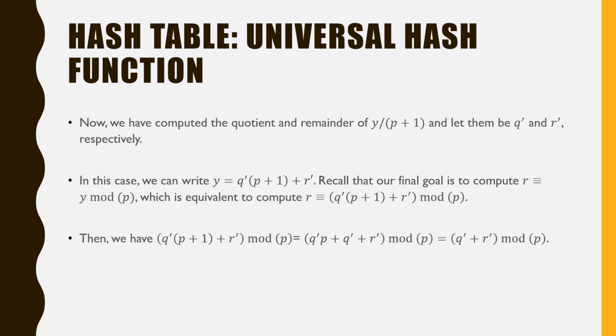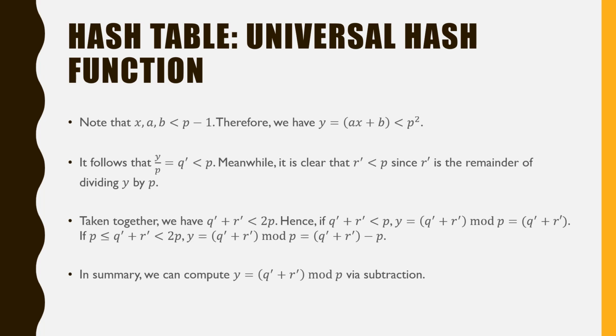Consider the computation of q prime plus r prime modulo p. We know that r prime is smaller than p since it is a remainder of division by p plus 1. For q prime, recall that it is the quotient of y divided by p plus 1 and y equals ax plus b.